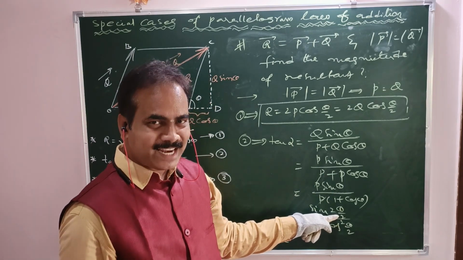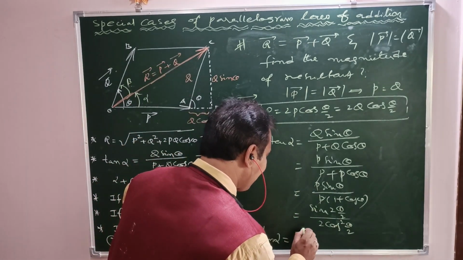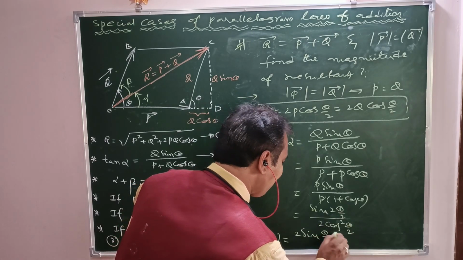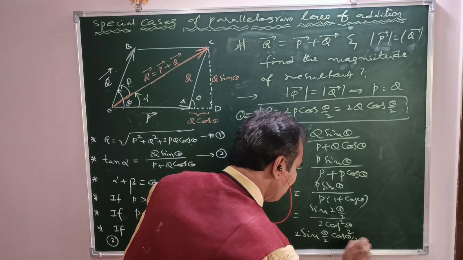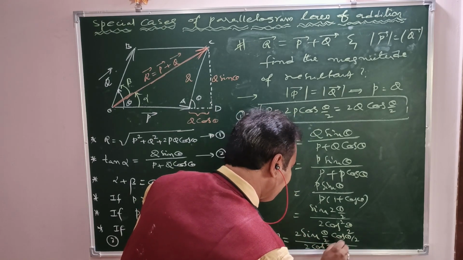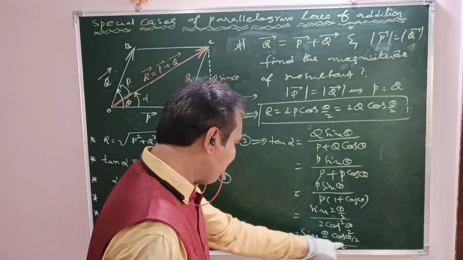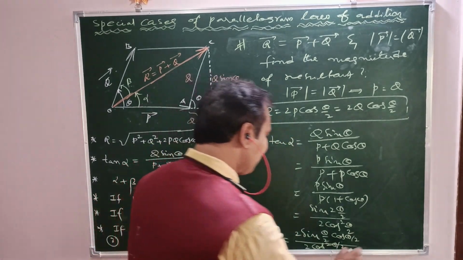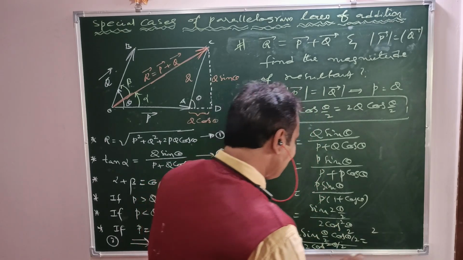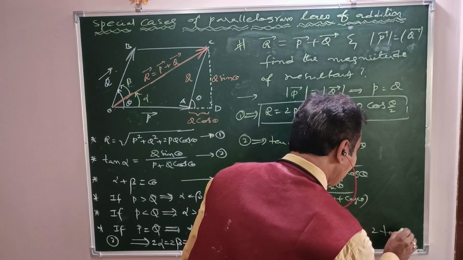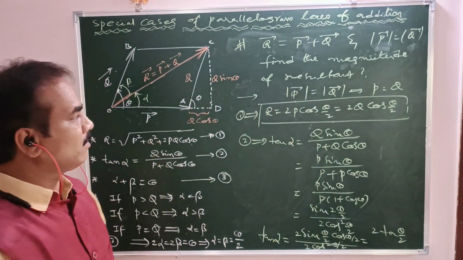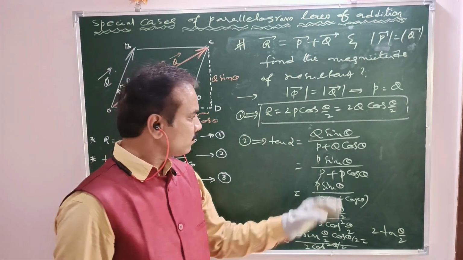Sin 2a means 2 sin a cos a, that is 2 sin(theta/2) cos(theta/2) whole divided by 2 cos square(theta/2). So cos(theta/2) cancels. We are left with sin(theta/2) by cos(theta/2), that is tan(theta/2). So tan alpha equal to tan(theta/2) in this case. Okay.